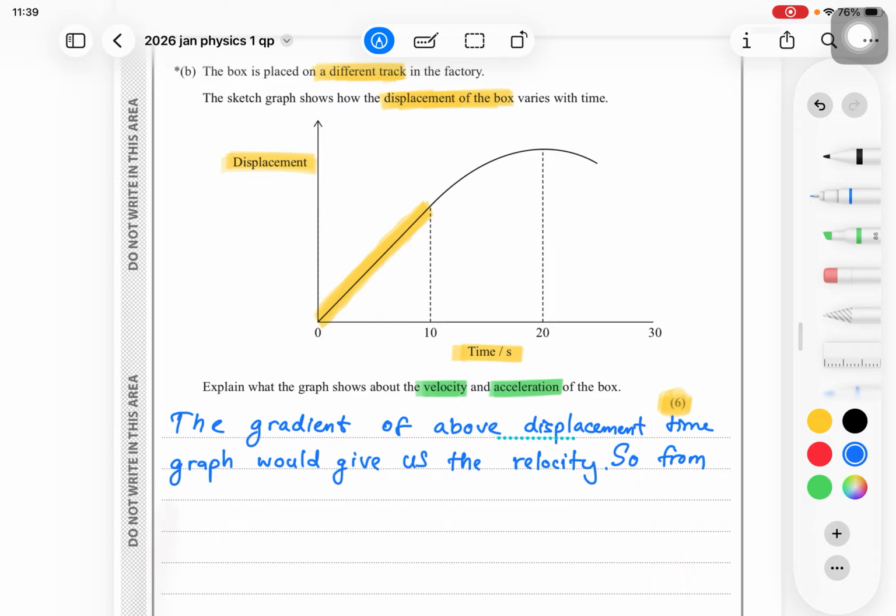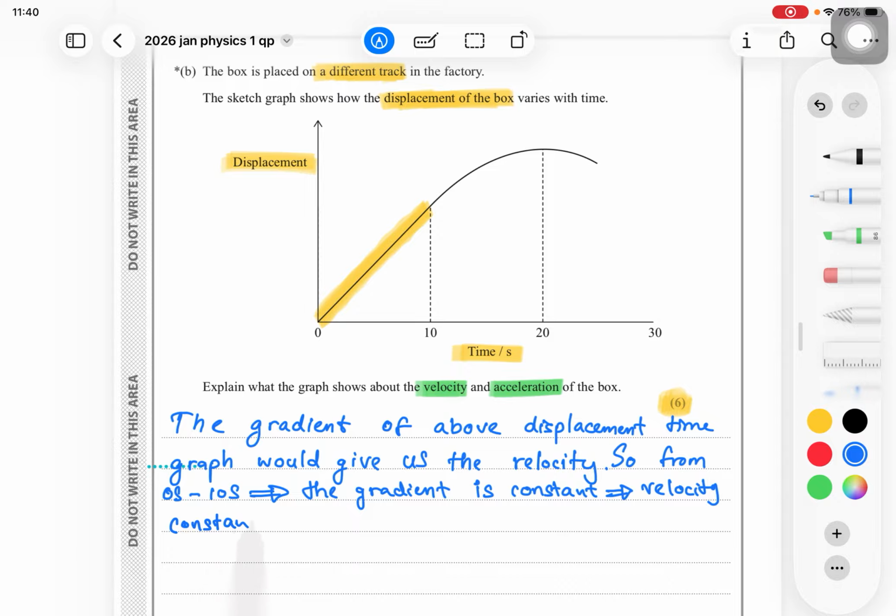I'm not writing the grammatical answer, so I'll write the points. From 0 to 10 seconds, the gradient is constant. So what that means is the velocity is constant.